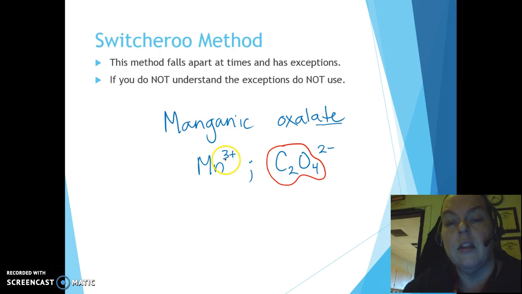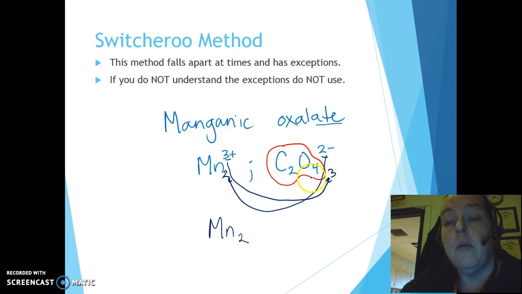The switcheroo says the 3 becomes the number of the oxalates, the 2 becomes the number of the manganese, and I get Mn2. And remember, I've got to keep my groups together, so if this is not a 1, I've got to put everything in parentheses, with the 3 on the outside. And there's the formula for manganic oxalate.